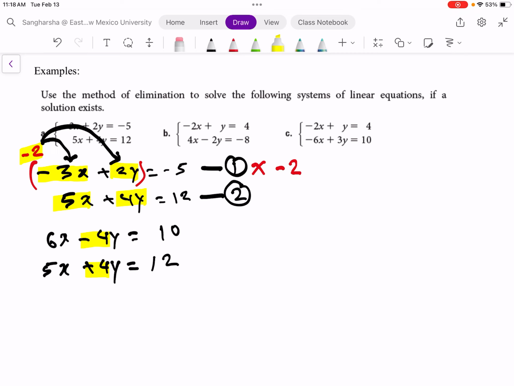Now let's add these two equations. 6x plus 5x gives 11x. Negative 4y plus positive 4y cancels, it is 0, so it is eliminated, equals 10 plus 12, that's 22. Now we divide both sides by 11. We are solving this equation for x.